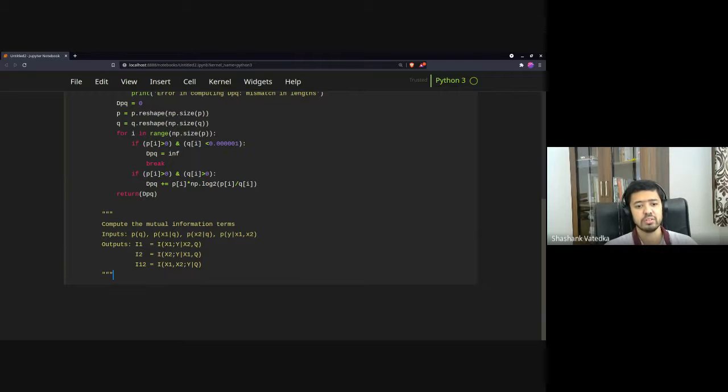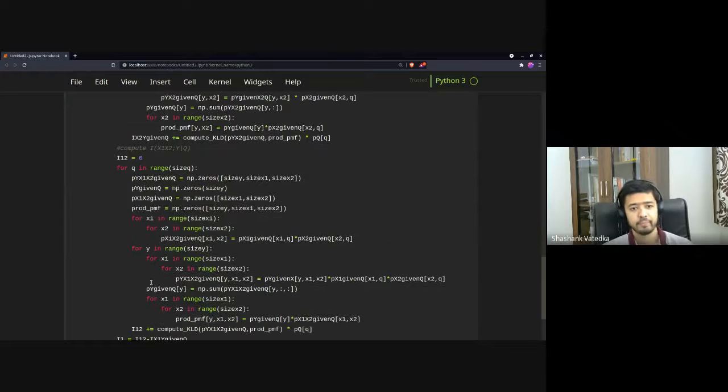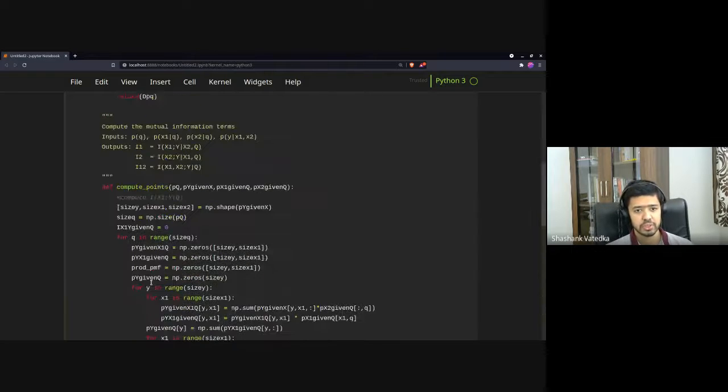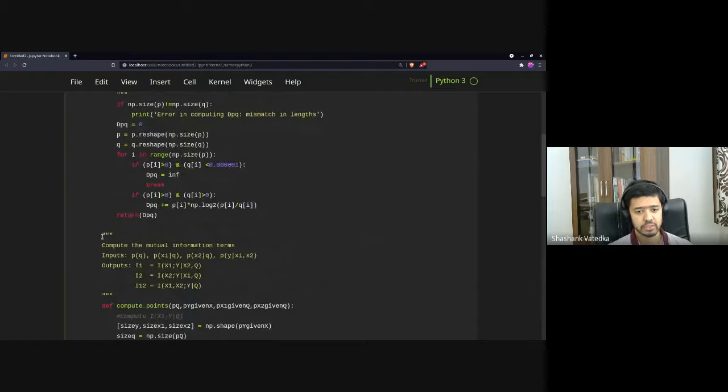This takes a little bit of computation, so I'll spare the details. I've already written a function to do this, and I'm just going to use it as it is. Note that this whole block essentially computes these three quantities.